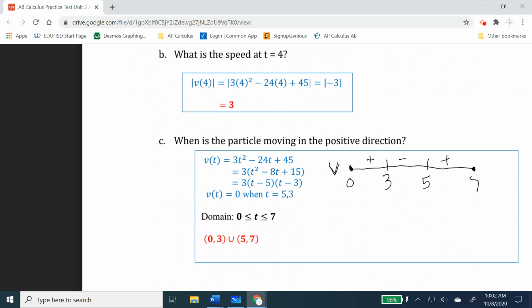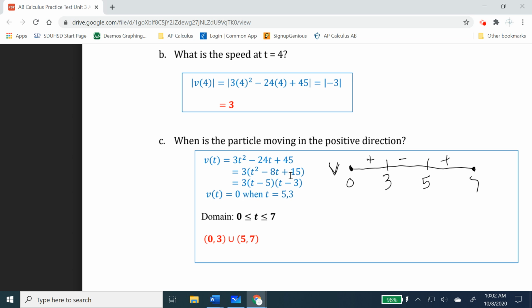You're moving in a positive direction when velocity is positive, negative direction when velocity is negative. To do that, you have to solve for what makes velocity equal to 0. And then again, make sure you stay within the domain. So what I'll do is I'll make number lines for velocity where I put the beginning and end of the domain, and anytime velocity is 0, and then check with time values.